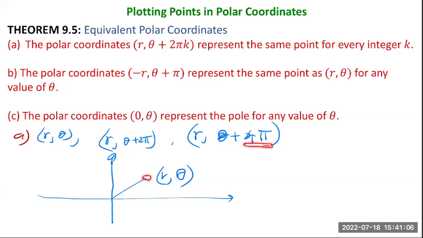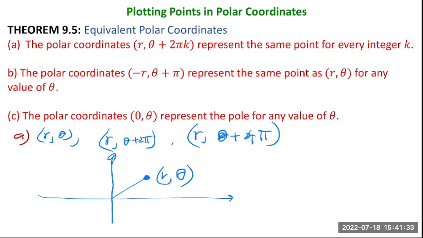Even if you add 4 pi, that means you go 2 full revolutions from this point, and again you are at the same point. That means all these coordinate pairs mark the same point. Okay, all right, that's what part 1 tells us. That's true even when you have minus signs here.